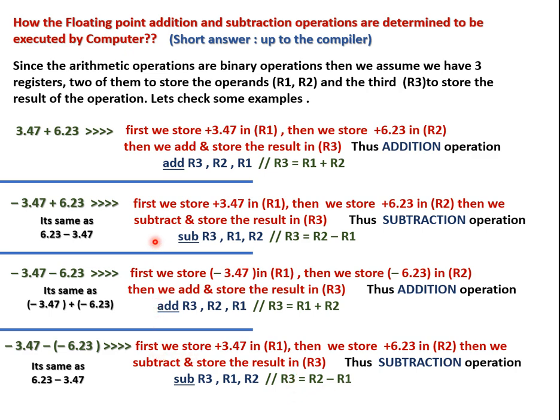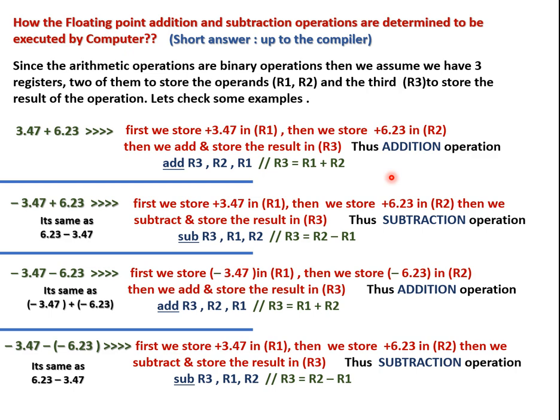So these examples are very important to make us understand what kind of operation it's gonna be, because this affects the addition and subtraction of floating point numbers in terms of the logic circuit. The logic circuit we're going to look at in hardware is a common logic circuit: it makes the floating point number addition, and at the same time it makes the floating point number subtraction.